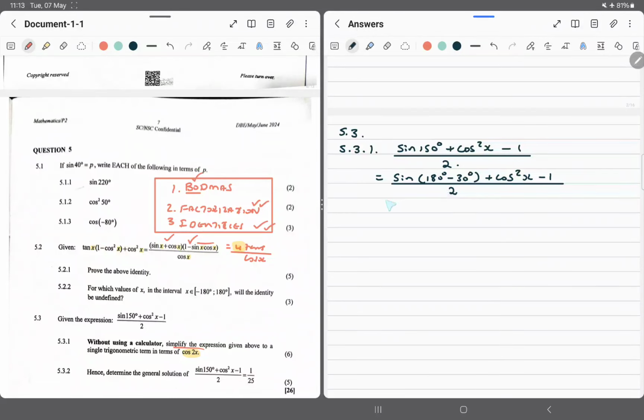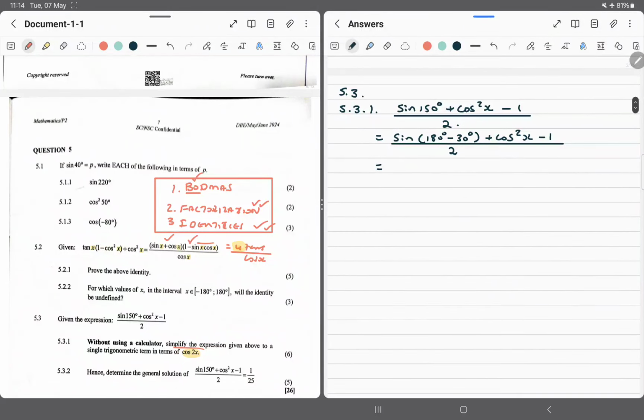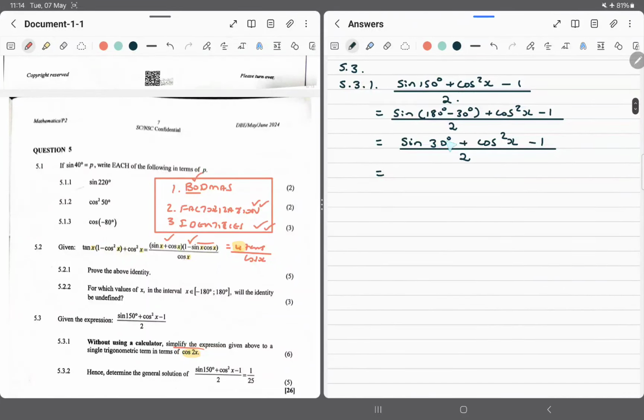So this is over 2. And then this is going to be sine of 30 degrees because sine is positive in the second quadrant. And then sine 30 is a special angle. Again, we are doing the AS part.